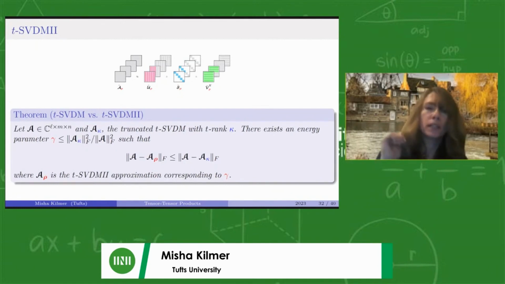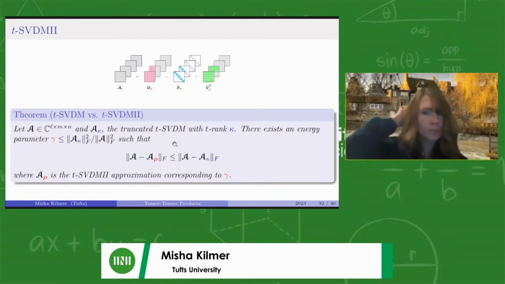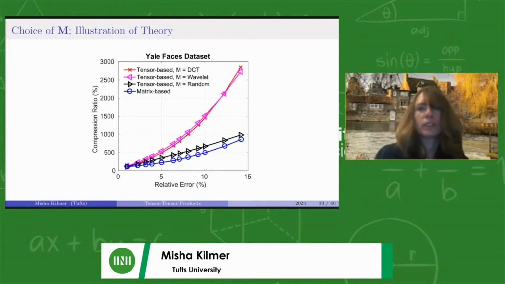In fact, if you give me a truncation value kappa, I can find a corresponding multi-rank rho for which I can find this tensor decomposition, and I can again achieve inequality here in almost all interesting examples. Just to give a sense of the fact that this star M product is taking advantage of latent structure.